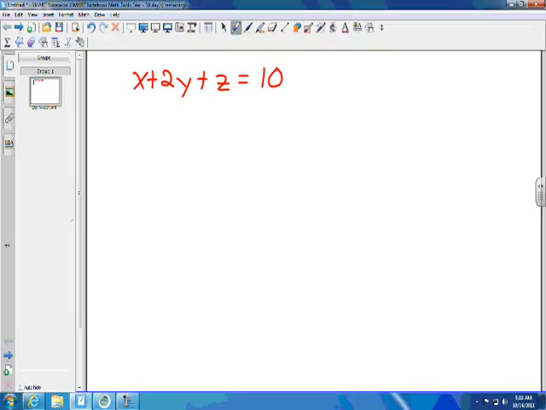So you have 3 equations. The next one, 2x minus y plus 3z equals -5. And 2x minus 3y minus 5z equals 27.